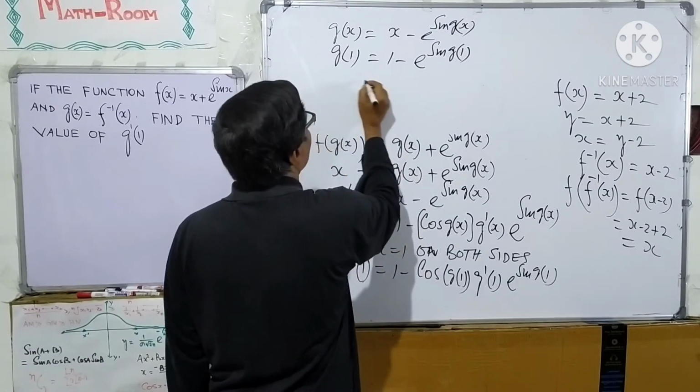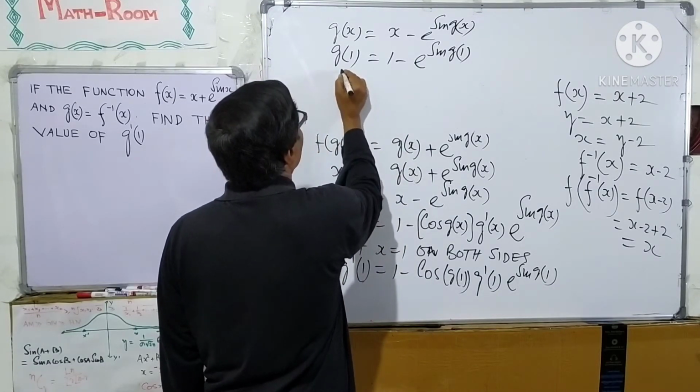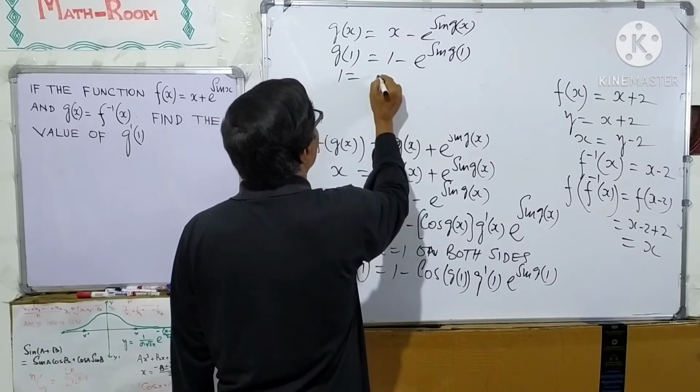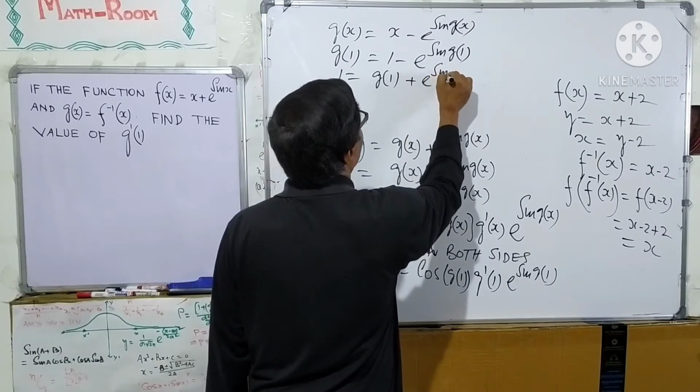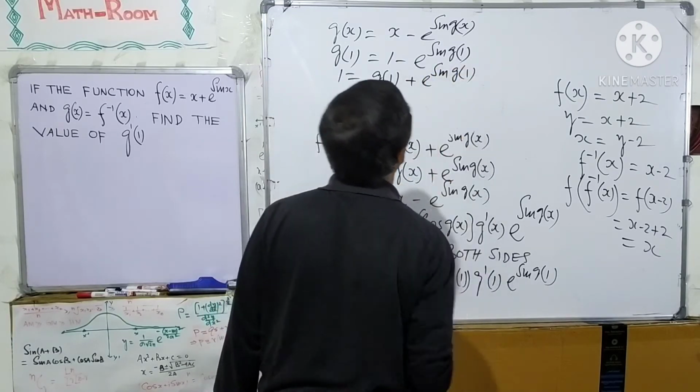So 1 equals g1 plus e to the power sin g1.